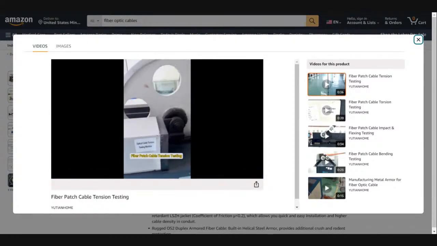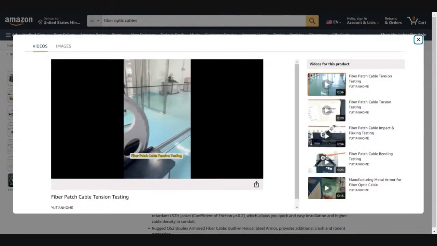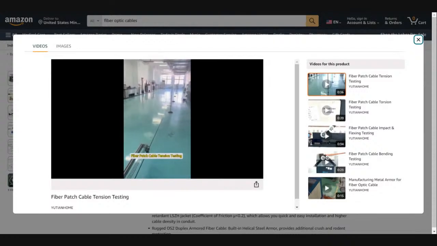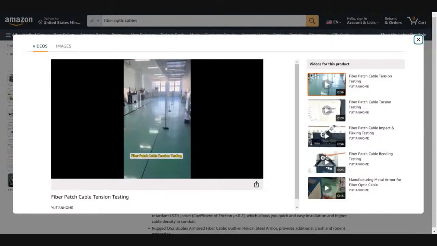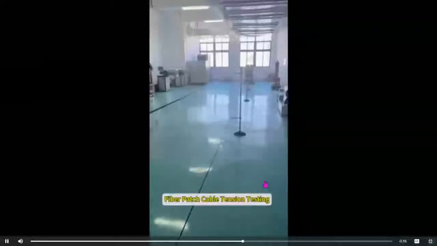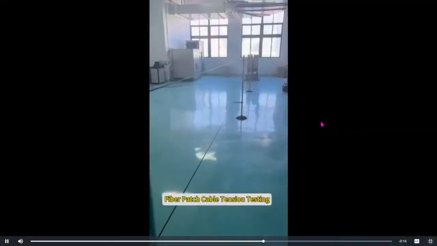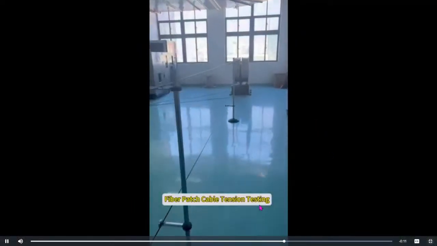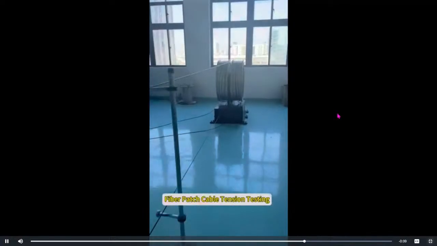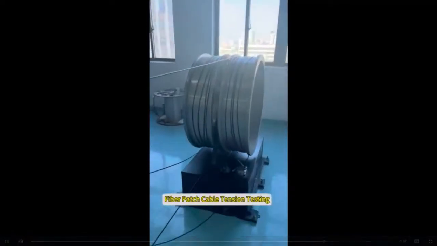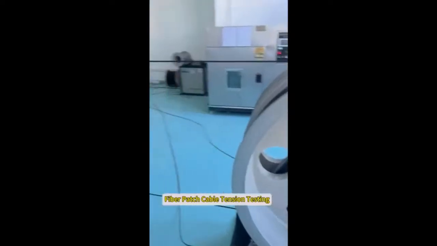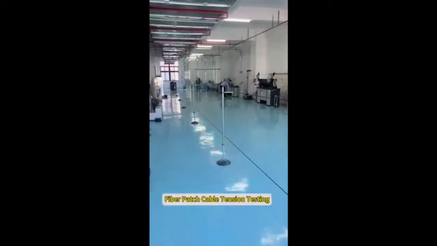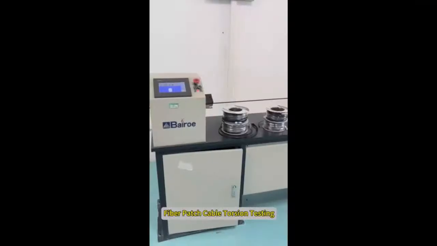Low tension, whatever. Oh, they're testing it for tension, I guess. Tension testing. Okay, it's tested for tension.